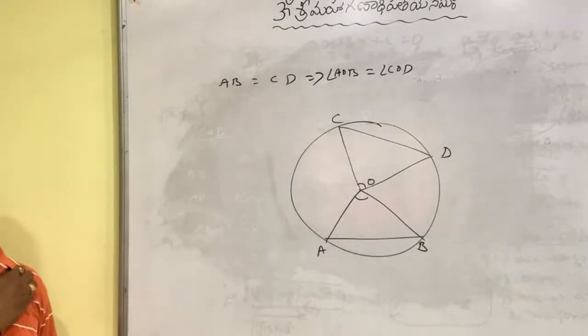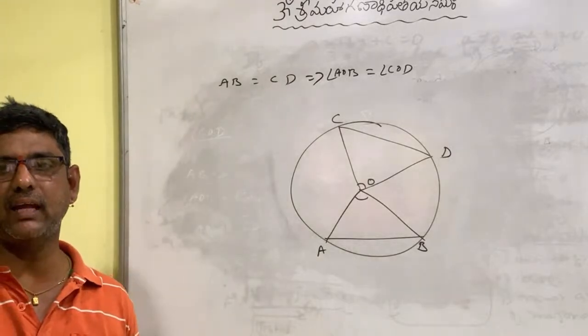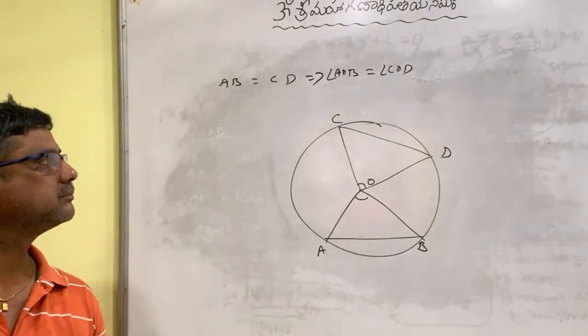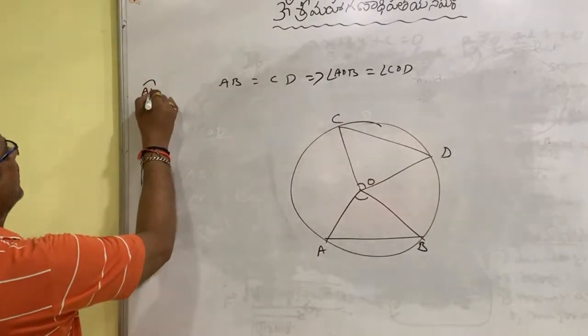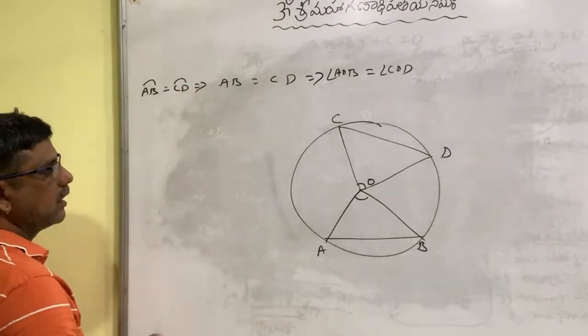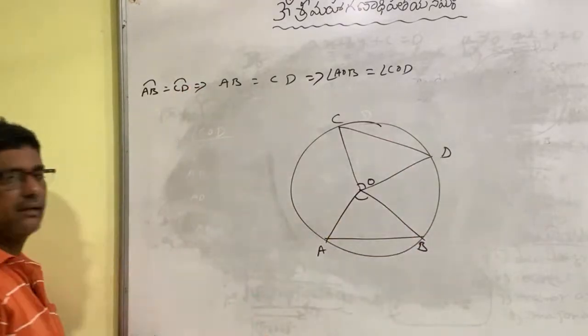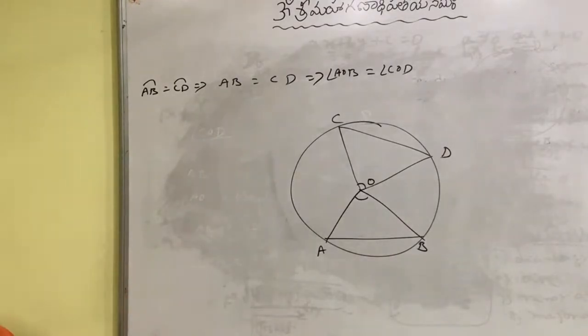Because the chords are equal, they make equal angles at the center. Now, since the chords are equal, arcs are also equal. Arc AB is equal to arc CD.